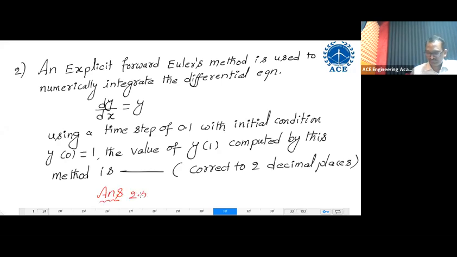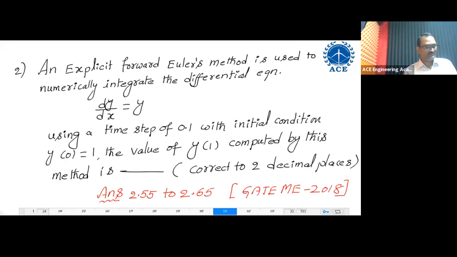Any answer between 2.55 and 2.65 is the right answer. It was also given in the GATE mechanical engineering. Try later. Next.